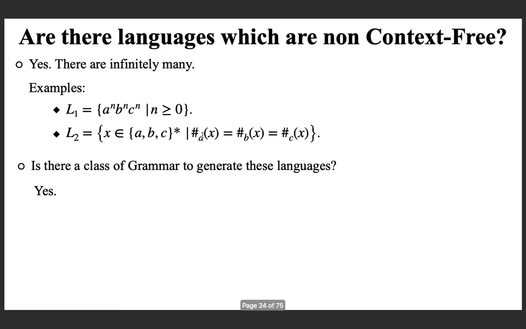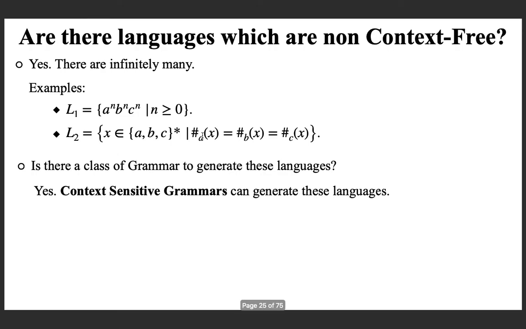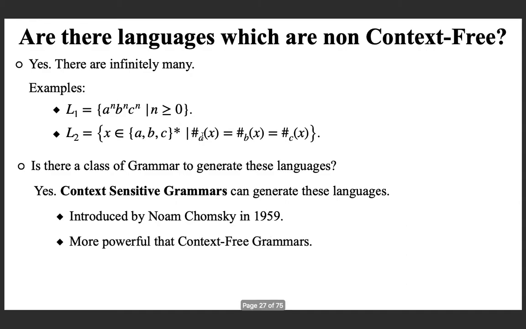The answer is yes, there exists a class of grammars, namely context-sensitive grammars. Context-sensitive grammars were proposed by Noam Chomsky in 1959, and they are known to be more powerful than context-free grammars.